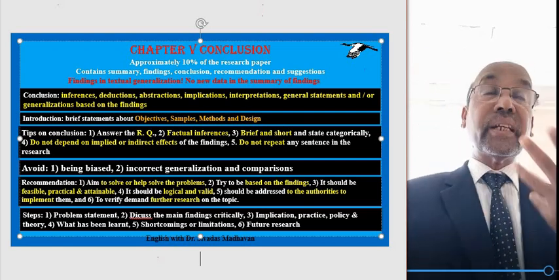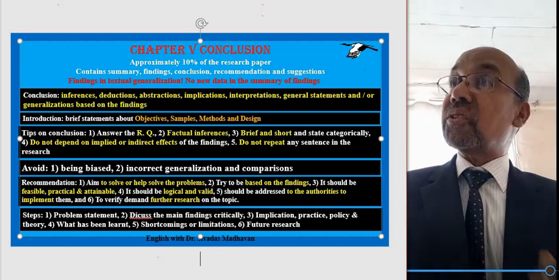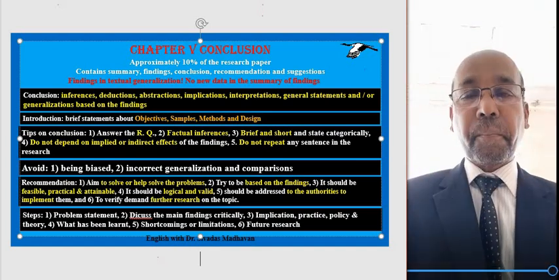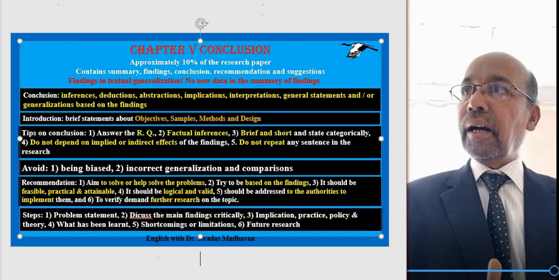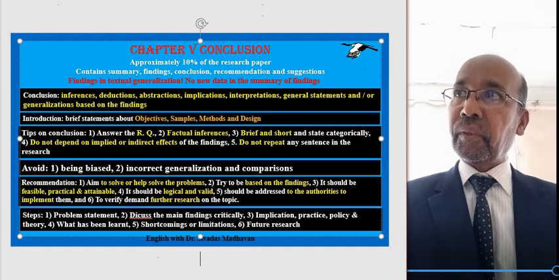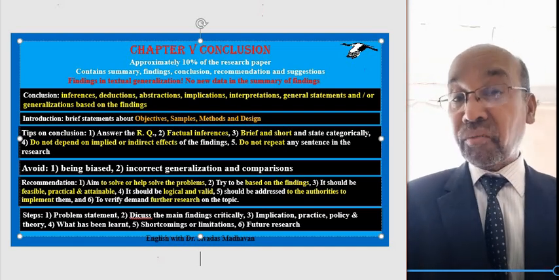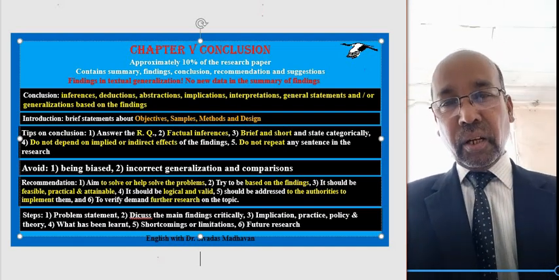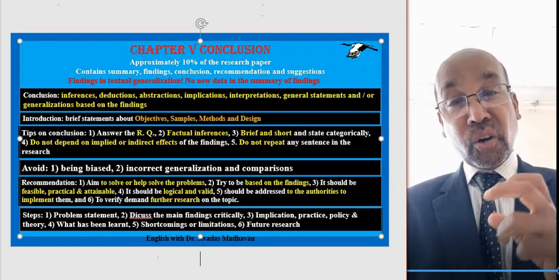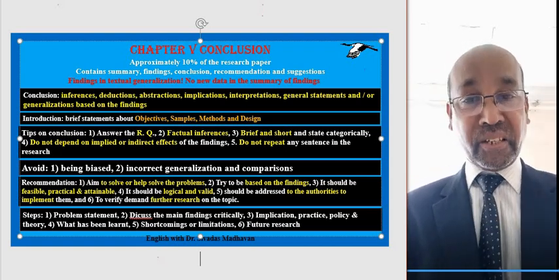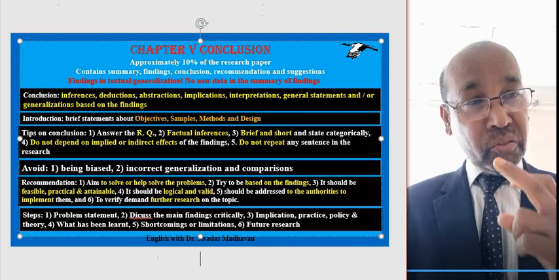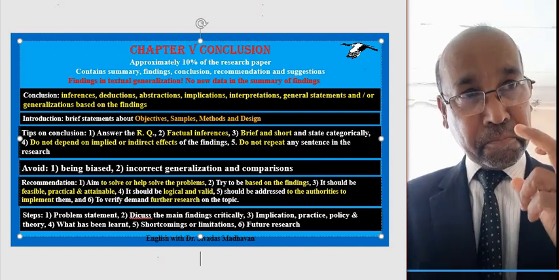Your limitations will be most of the time due to wrong samples or wrong answers of the participants, or even the bias of the participants, or maybe the answers to your questions were not correctly given by the participants, etc. So it depends on the choosing of the samples.